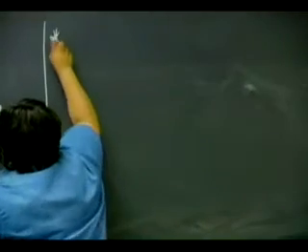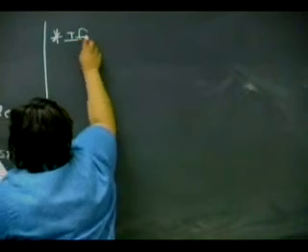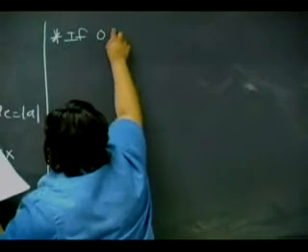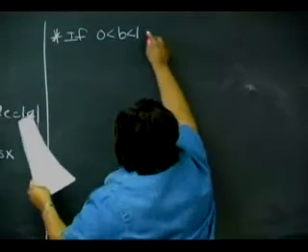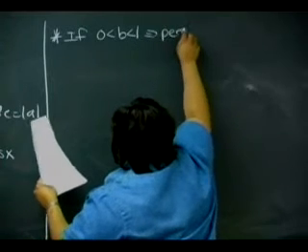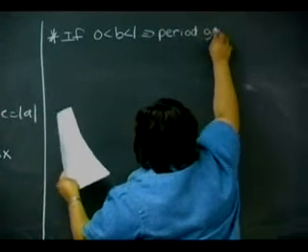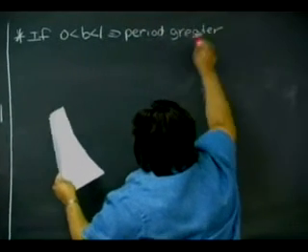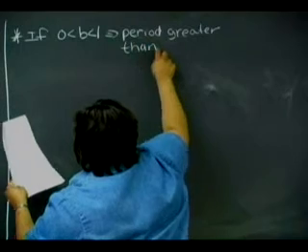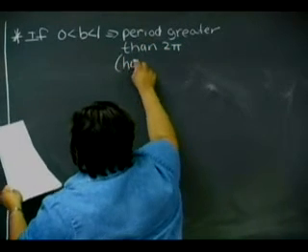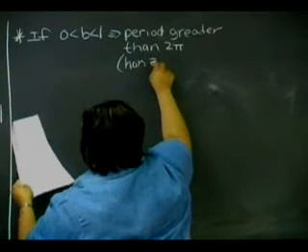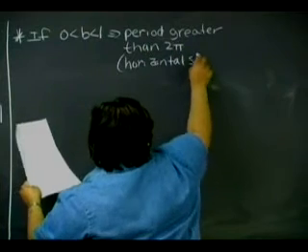So, as a note, if B is between 0 and 1, then we have a period greater than 2 pi. And this represents a horizontal stretch.